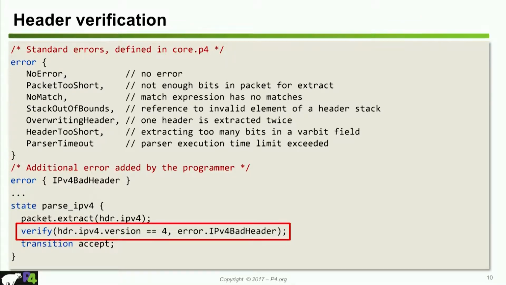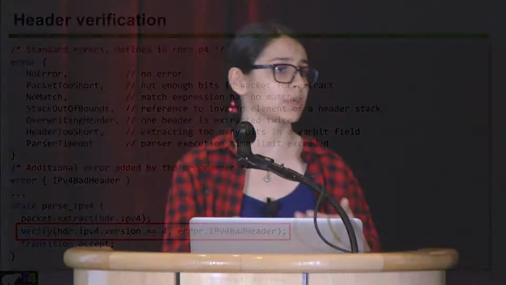If that expression evaluates to false, then the parser is going to move to the reject state and throw the error that you specify as a second argument. So you're going to see examples of this in the starter code. I think it's checking for the length of the IP header to be correct, but just a heads up about what it means. So now let's go to the actual coding part, if I can find my terminal.